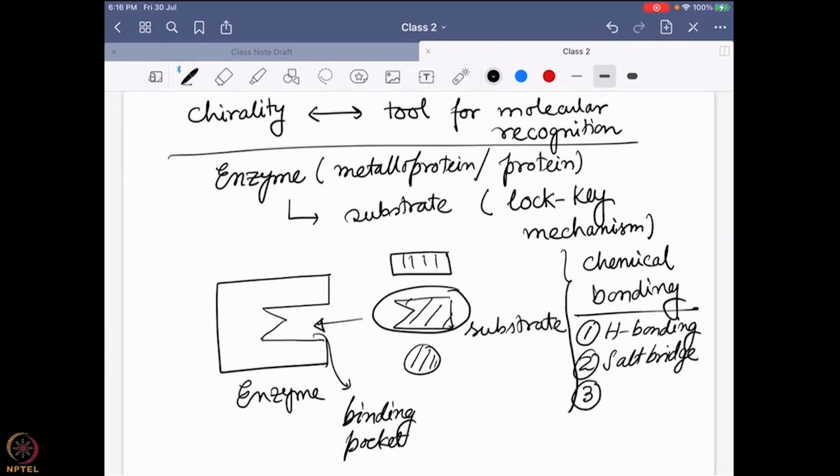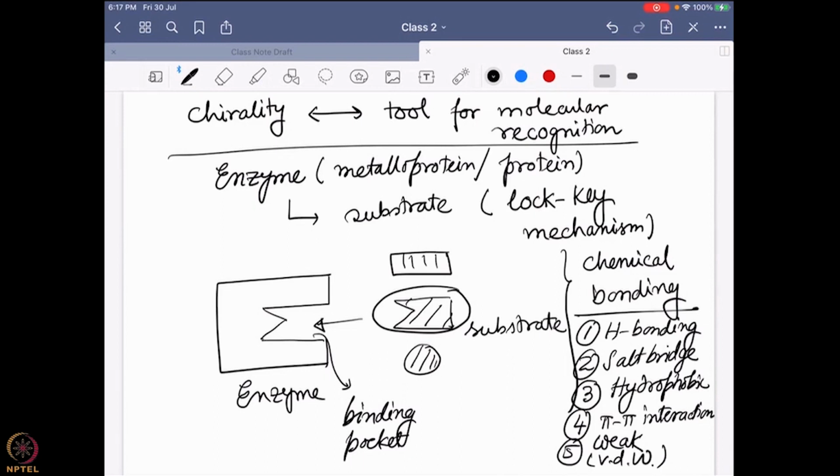There is a possibility of hydrophobic interactions. There is a possibility of pi-pi interactions. There is a possibility of weak bonding interactions, which are known as van der Waals interactions. All those things come together.